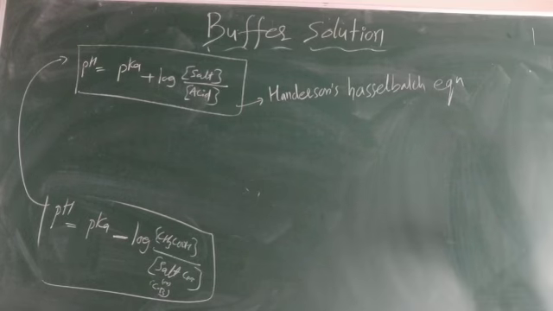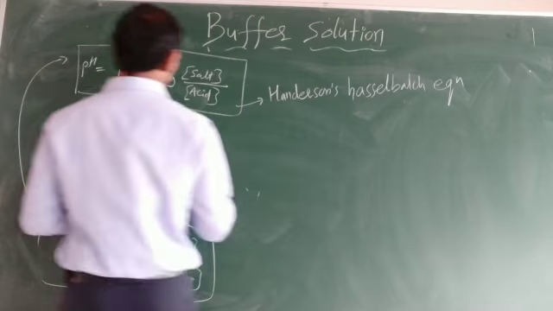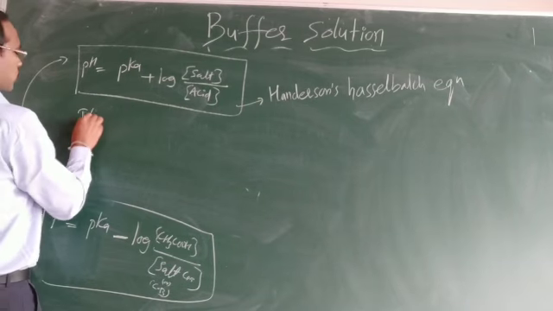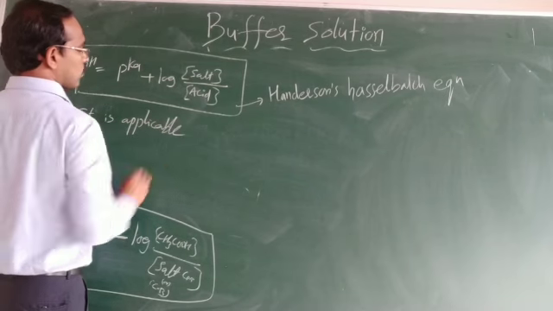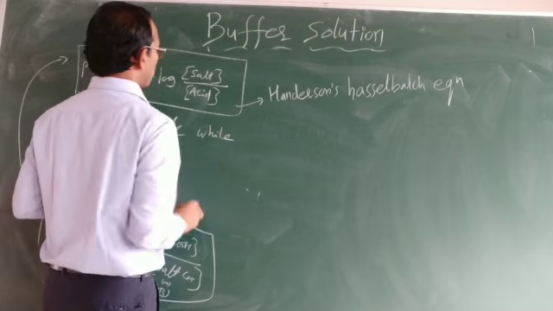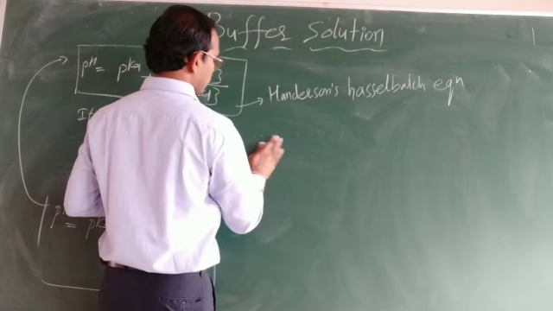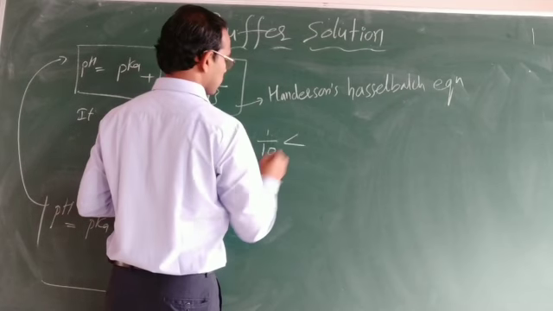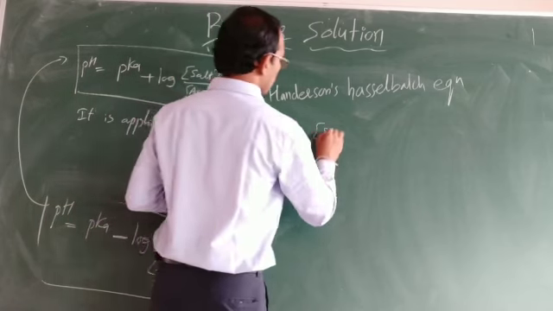The Henderson-Hasselbalch equation has some conditions. It is applicable when the salt by acid concentration ratio is not less than 0.1, or 1/10, and not more than 10.